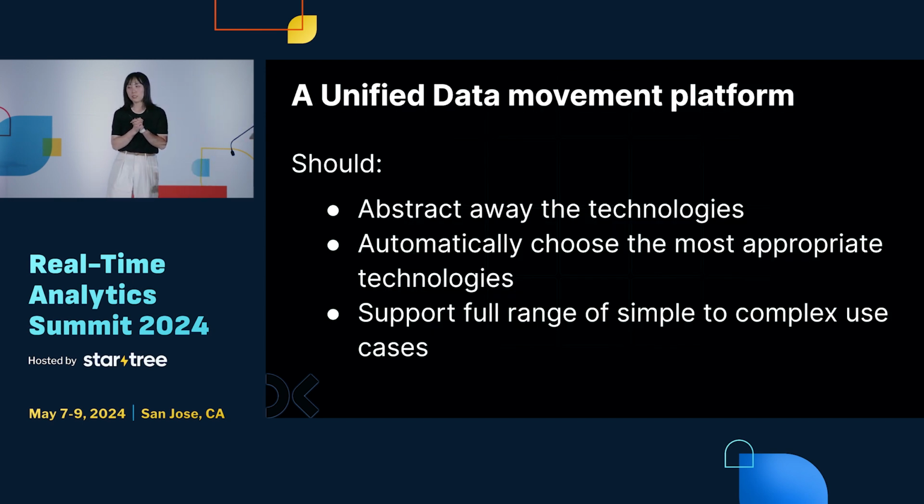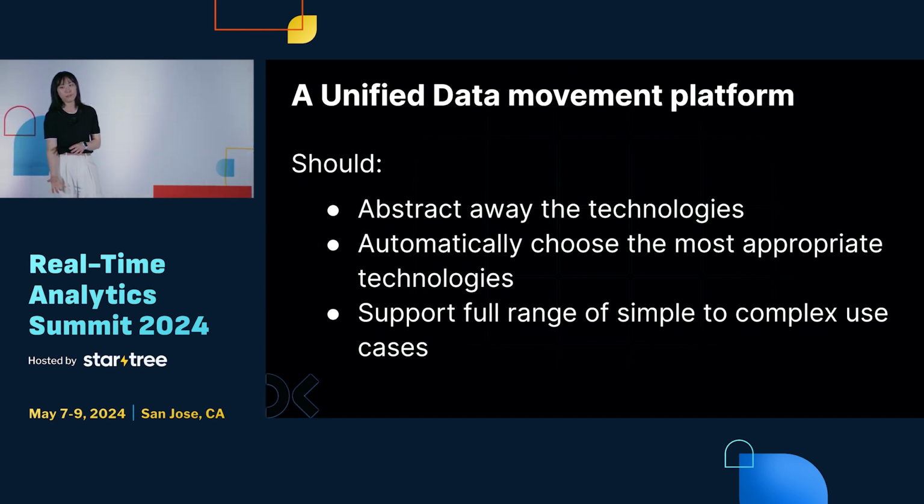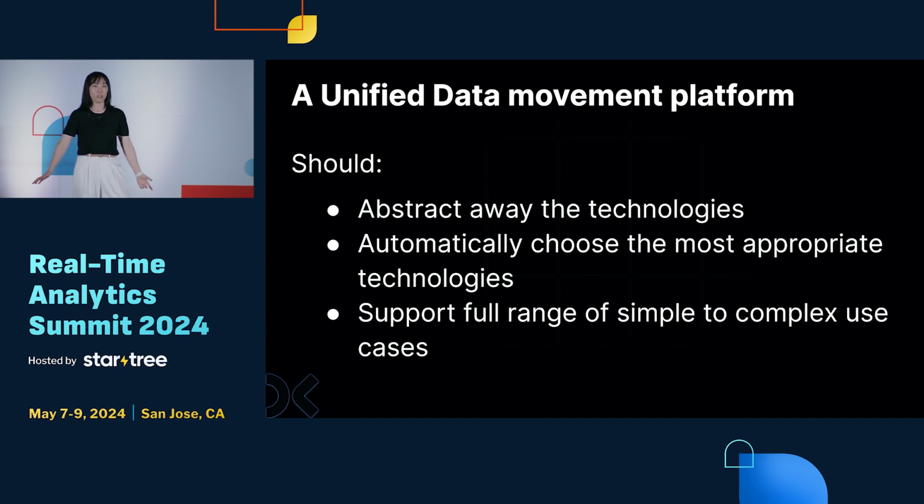So in our thinking, there are a few things that a unified data movement platform should offer. It should abstract away the underlying technologies. Again, think about another analogy: you plug in a cable, not a power charge. You don't care that power is from water, nuclear power, or windmill. It just gives you the power.